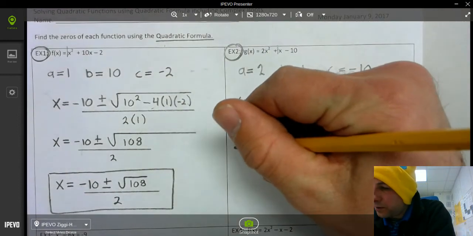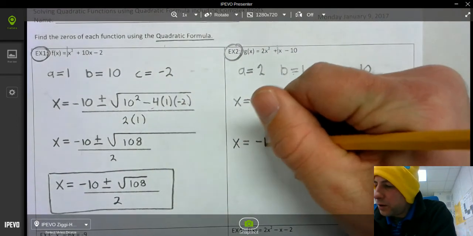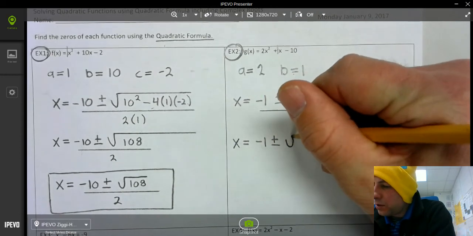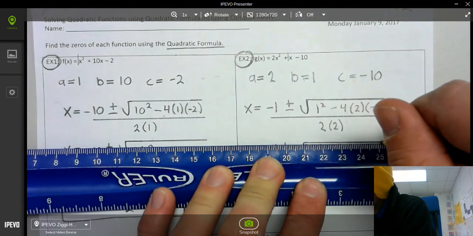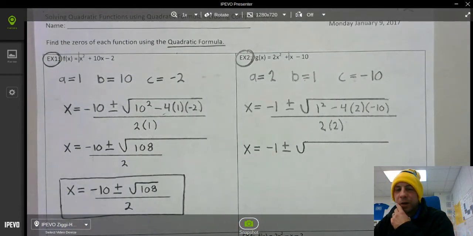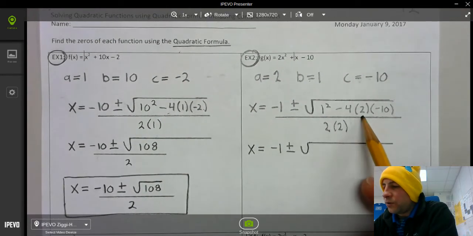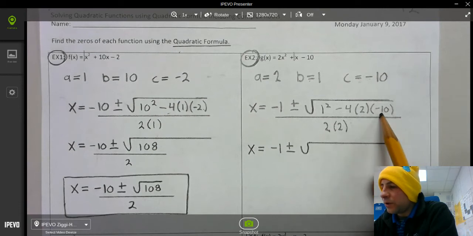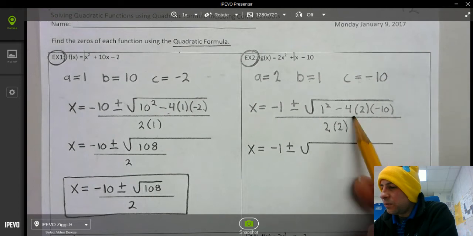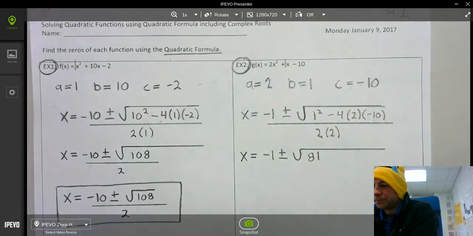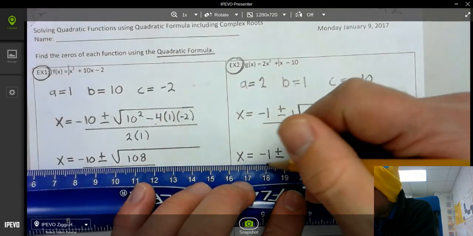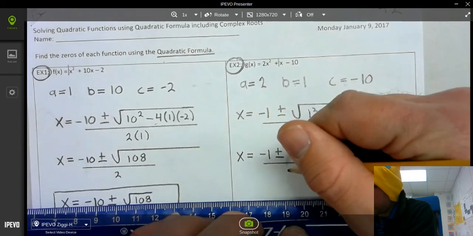All right, so then let's see. 1 squared is 1. Negative 4 times 2 is negative 8. Times negative 10 is positive 80. So 80 plus 1 is 81, divided by 4.